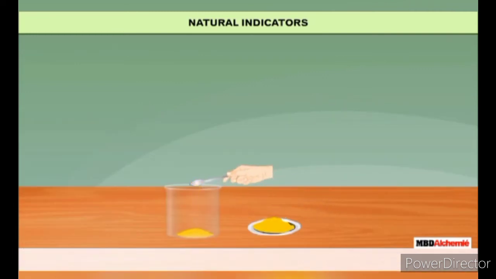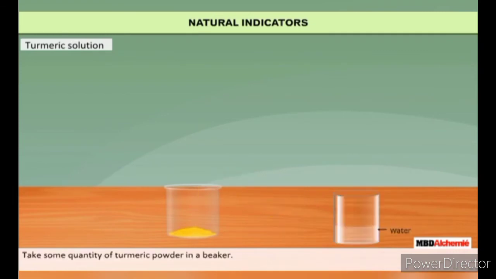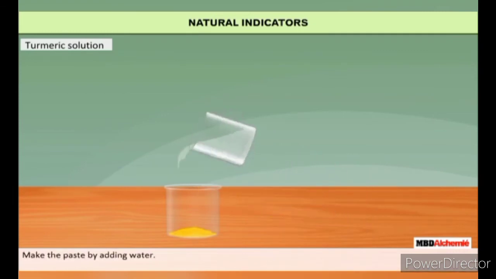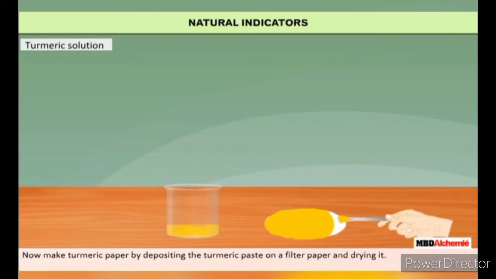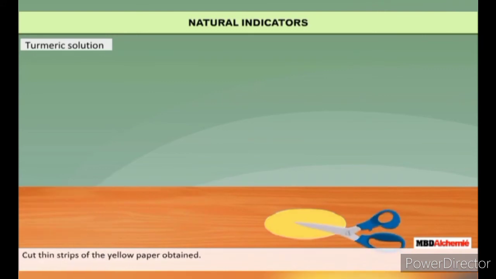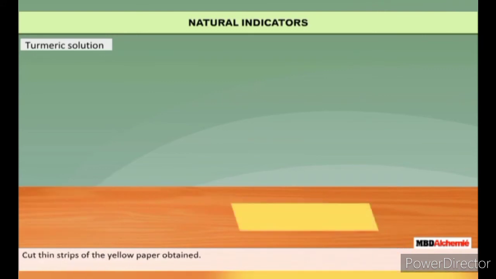Natural indicator. Turmeric solution. Take some quantity of turmeric powder in a beaker. Make the paste by adding some water. Now make turmeric paper by depositing the turmeric paste on a filter paper and drying it. Cut thin strips of the yellow paper obtained.